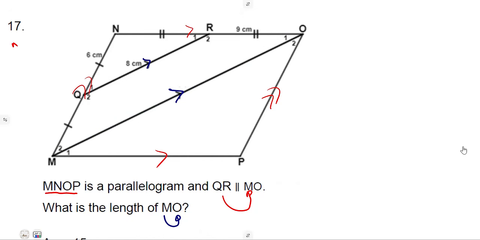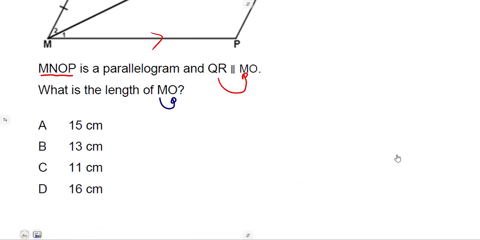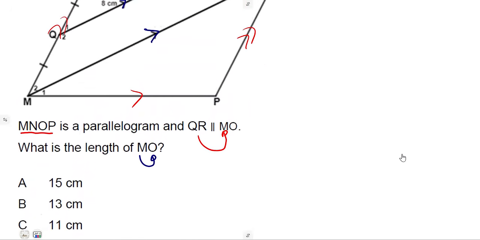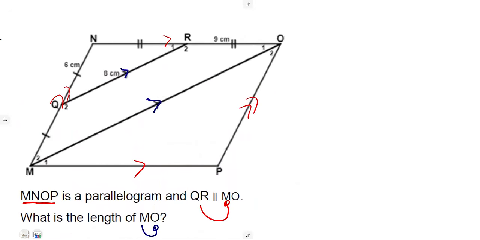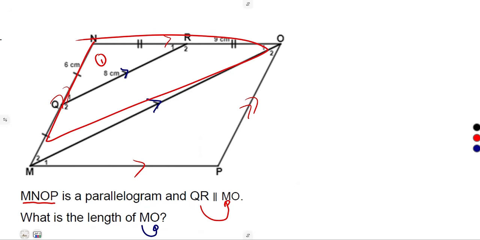All right, there we can simply use similar figures. Okay, why similar figures here? Since we have these two lines which are parallel, there is triangle NMO, this one, and NQR, these two. They have got something in common. What is it? The first triangle and the second triangle, which is the bigger one, they have something in common.